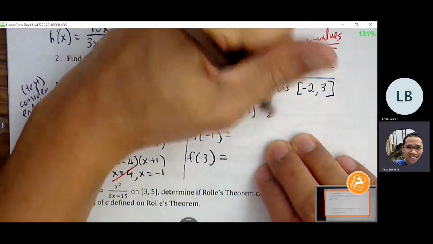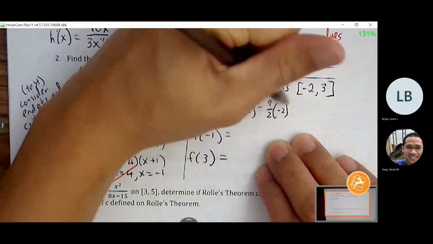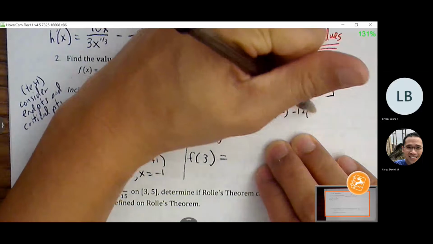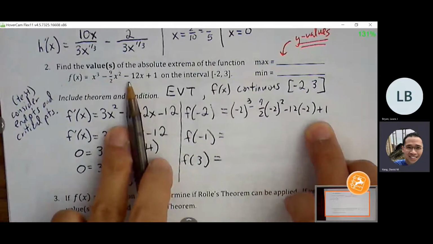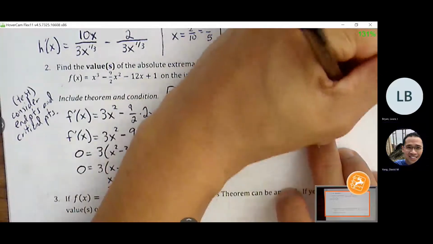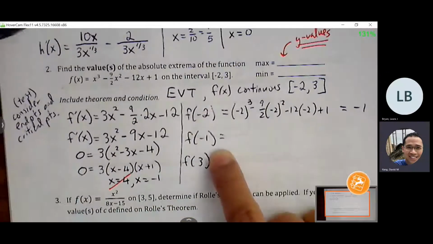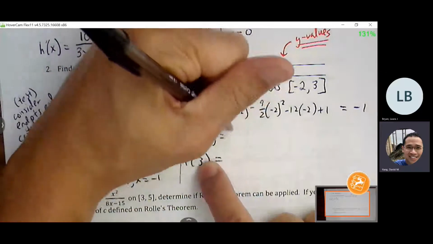Okay, use your calculators. All right, just inserting it into the original function. -1 into the original function.